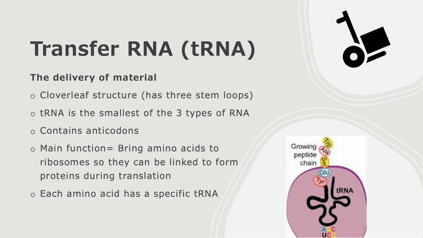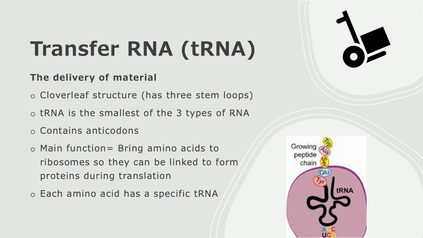So if you remember, mRNA has codons, tRNA has anticodons, which works closely with the ribosome in order to read the codons and match up with them on the mRNA. So the main function of tRNA is to bring the amino acids, specific amino acids, remember, to the ribosomes so that they can be linked up to form proteins during the translation process.